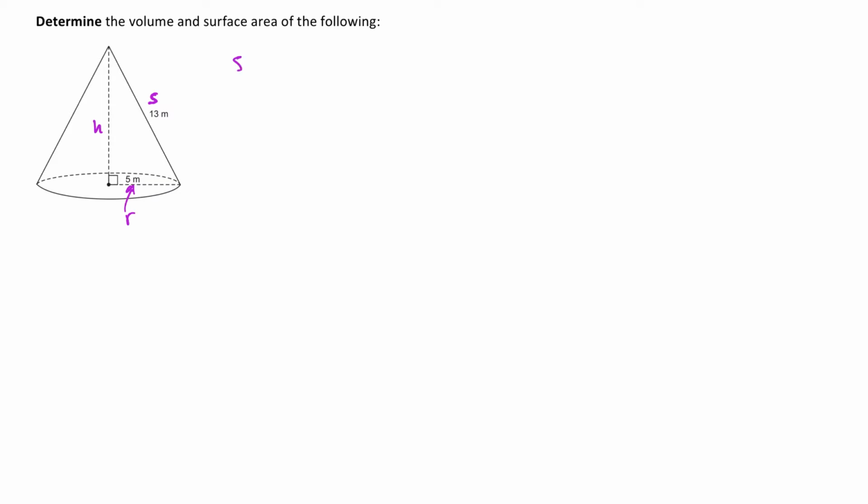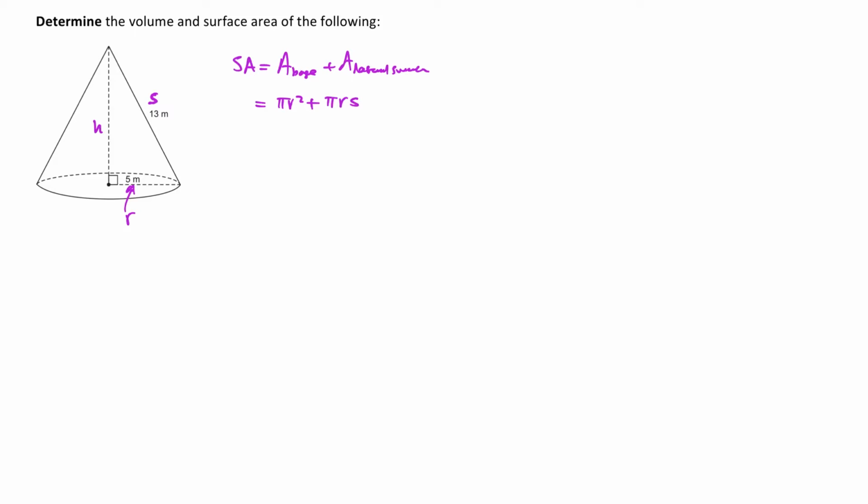So the surface area is equal to the area of the base plus the area of the lateral surface, or you can write it as LA. The area of the base is pi r squared, and the lateral area in this case is equal to pi r s.